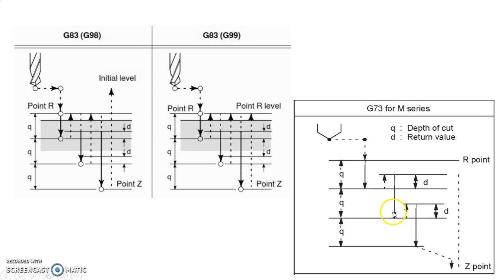For example, let me explain this way. First, the tool gets to the material and goes until the first Q. After that, it will jump back to this position and then go again by the Q value. Then it backs off, then goes to the final value, then finally retracts to the topmost value. This kind of drilling pattern is called peck drilling.